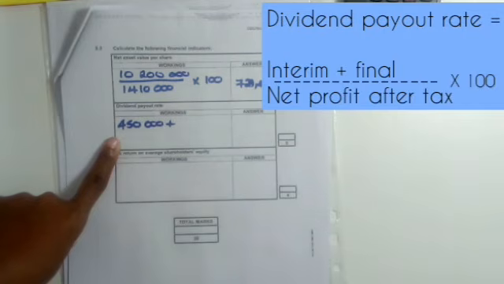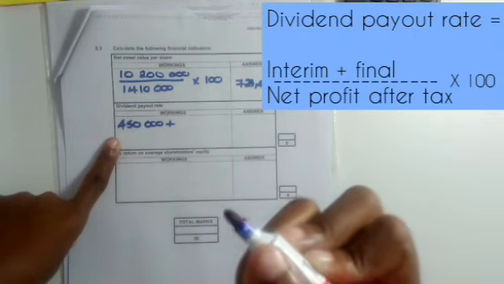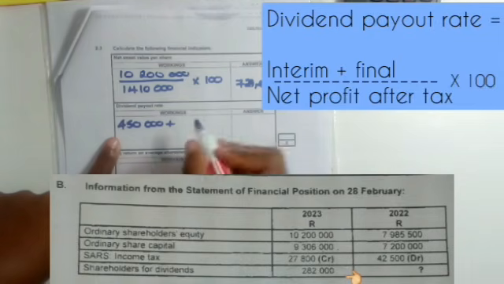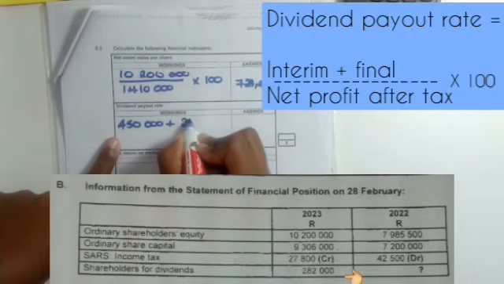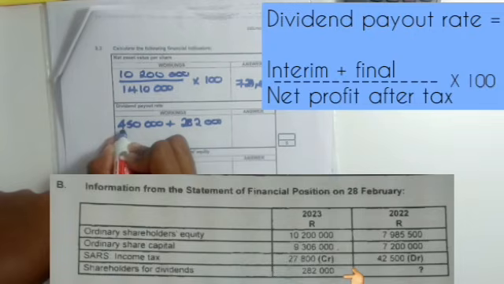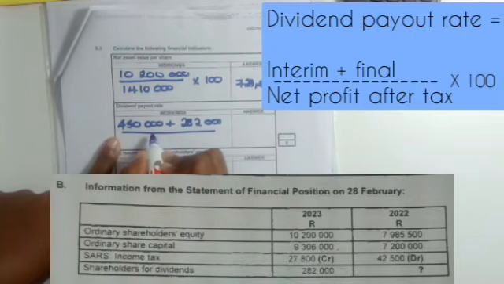Because for our final dividend, they gave us a question mark, but when you go to information B, you will find that we have what we call shareholders for dividend. Shareholders for dividend means the same thing as final dividend, and the one for 2023 is 282,000, so they are added together all over our net profit after tax.